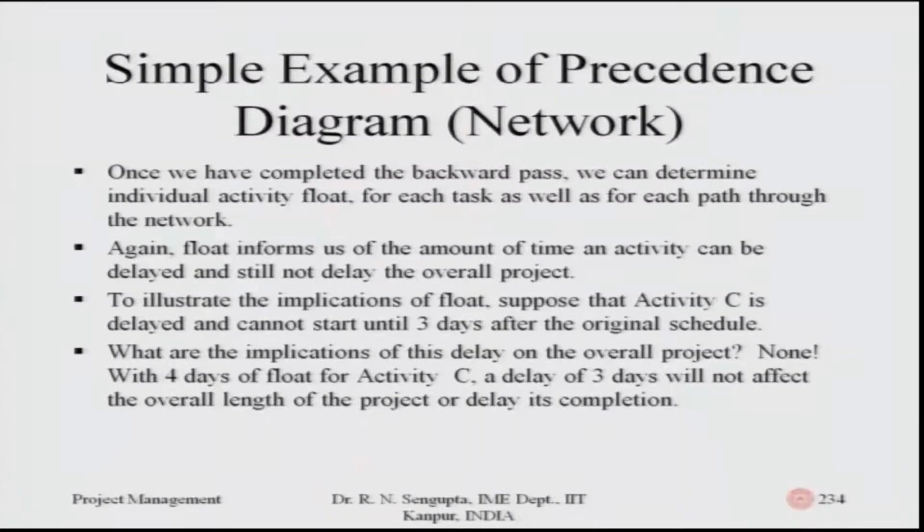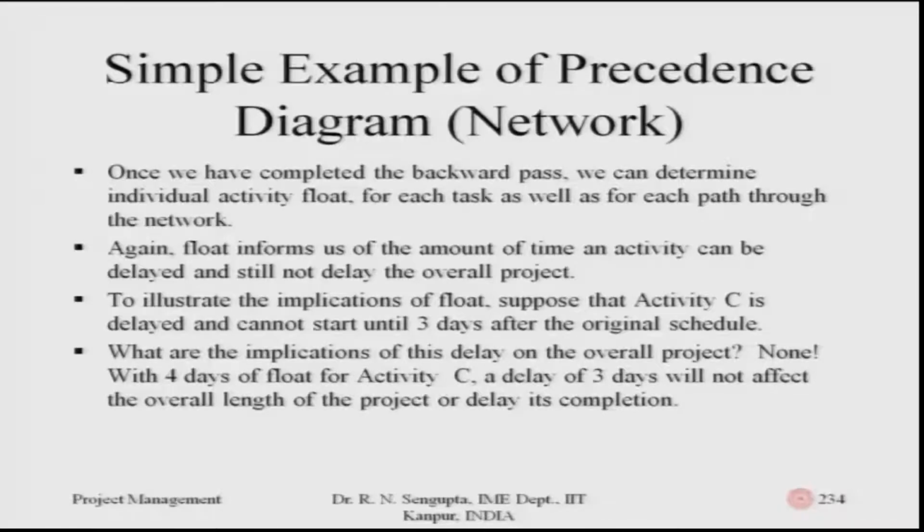I am just mentioning that in the qualitative aspect; we will slowly start solving the problem in detail so that you will understand how the concept of forward pass and backward pass are utilized in order to find out the total duration, the slacks, the critical activities, the critical path and so on and so forth.